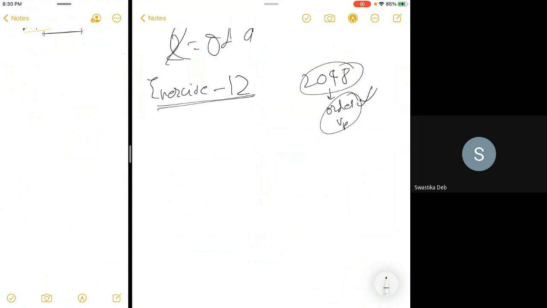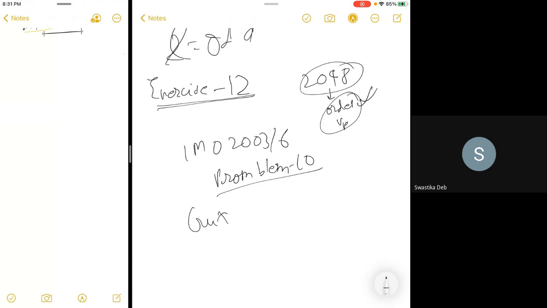And also IMO 2003-6, which is problem 10, is also pretty nice. And there is also this crux problem, which is problem 5, and problem 4.